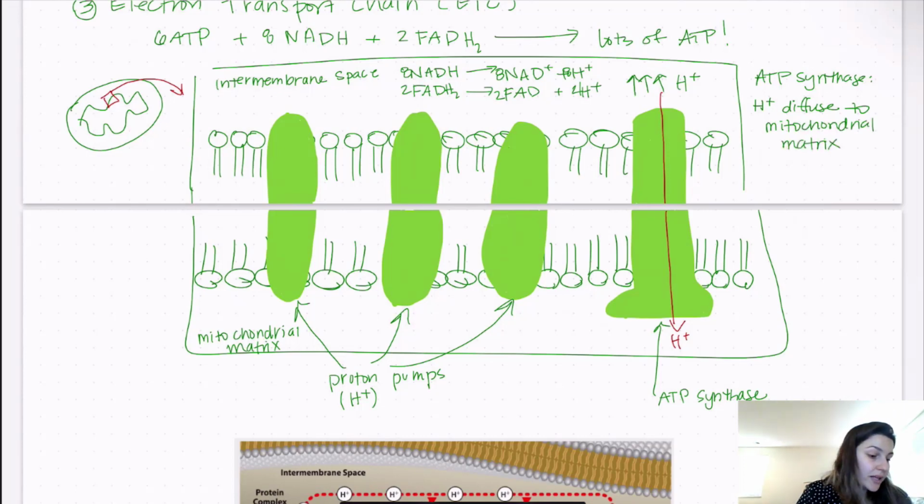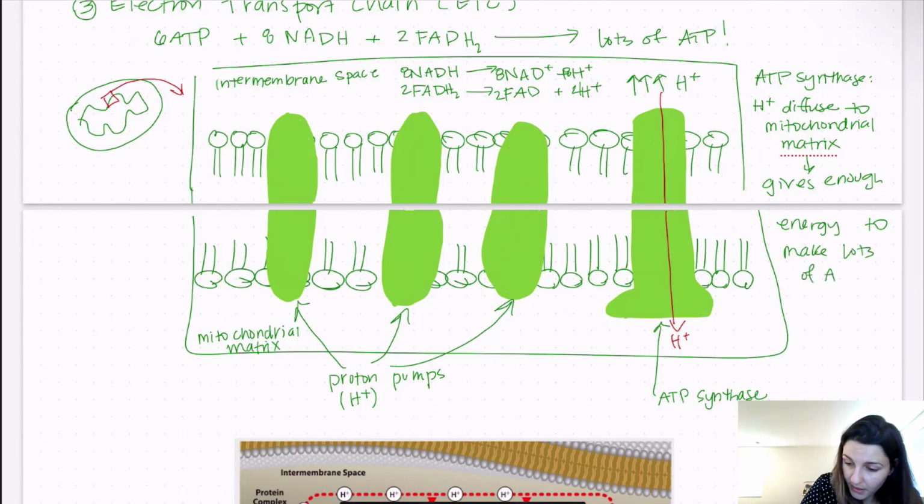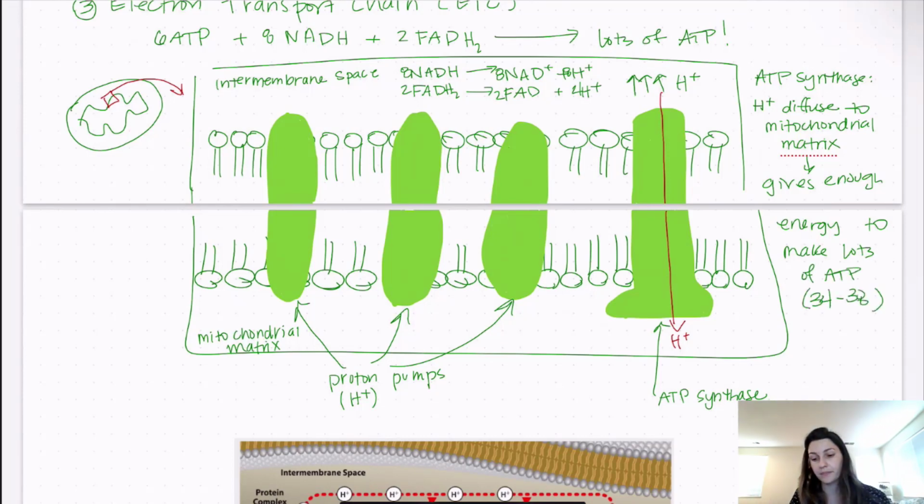And when they do that, this gives enough energy to make lots of ATP, like 34 to 38, depends on who you ask. So lots and lots of ATP can be made by this process.